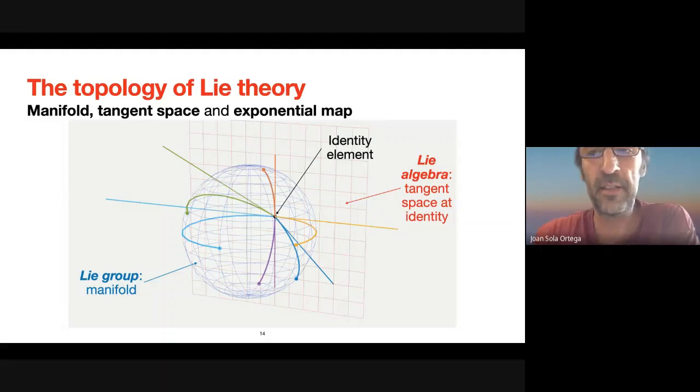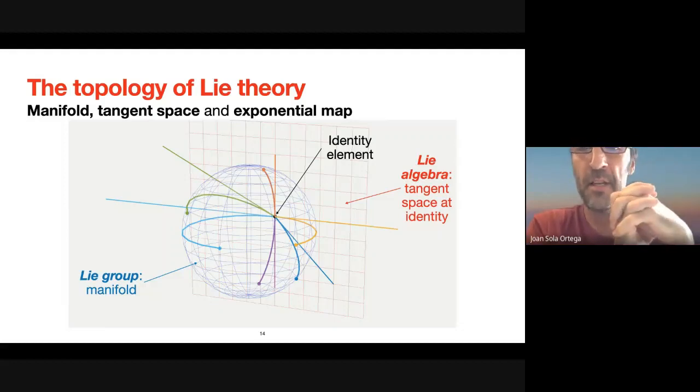The tangent space at the identity is called the Lie algebra of the Lie group. So you have the Lie group, which is the blue part, and the Lie algebra, which is the red part. And what is key and interesting and marvelous about this theory is that this Lie algebra, because it's a tangent space, is flat. It's a linear space. It's a linear vector space.